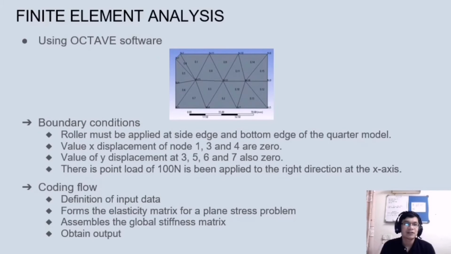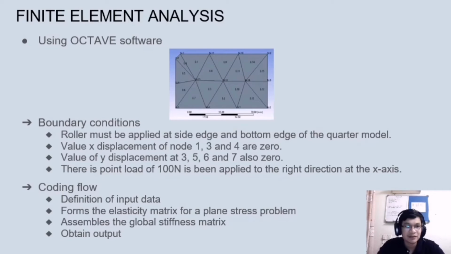Next is finite element analysis by using Octave software. In Octave software, we require the nodal coordinates from the ANSYS software. We record the nodal coordinates and the number of elements, so it's easy for us to create the setup.